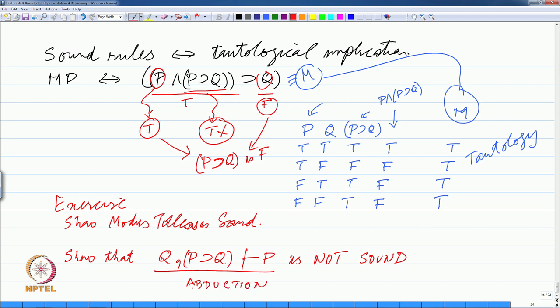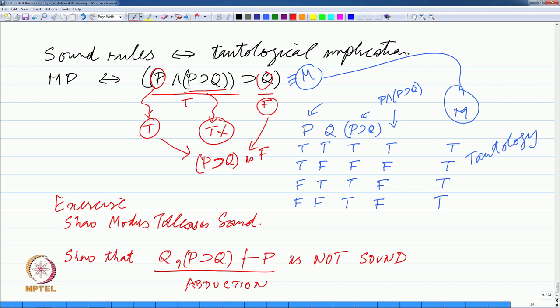So, even though it is not a sound rule of inference, what do you mean by it is not a sound rule of inference? It says that it is possible that the inputs, the antecedents, which in this case are Q and P implies Q, are true, but it is possible that P is false.